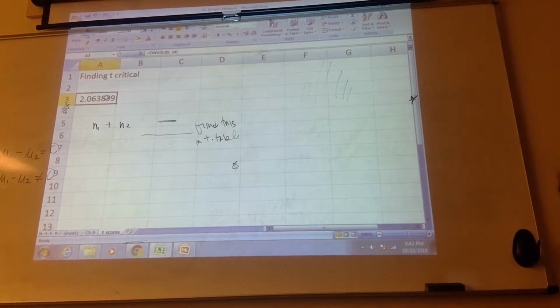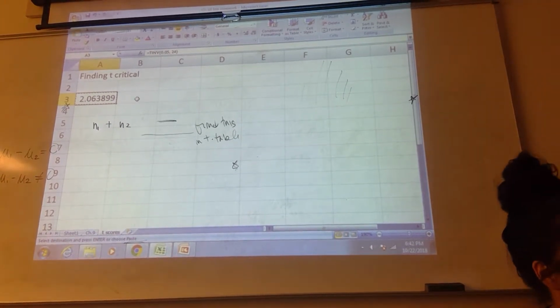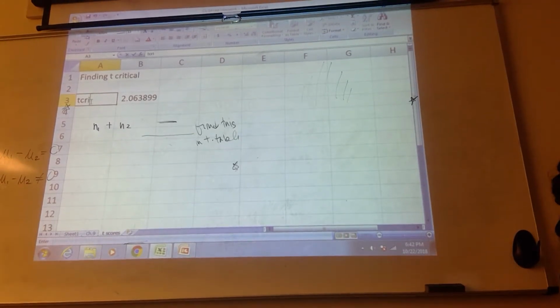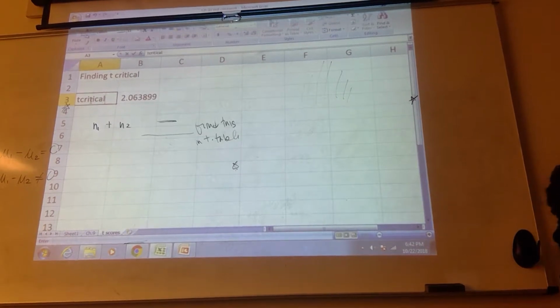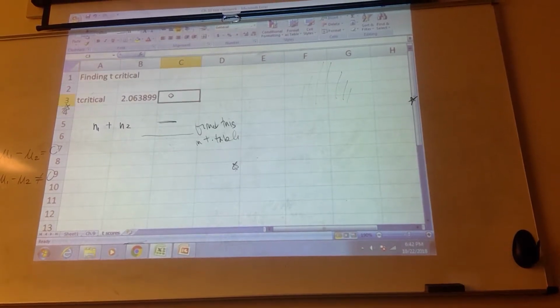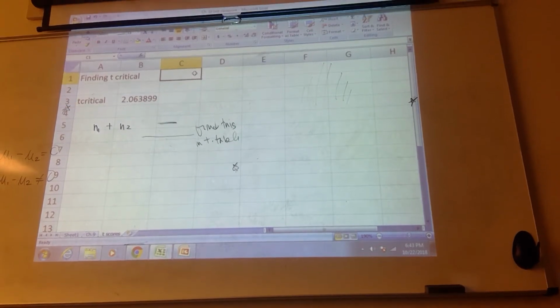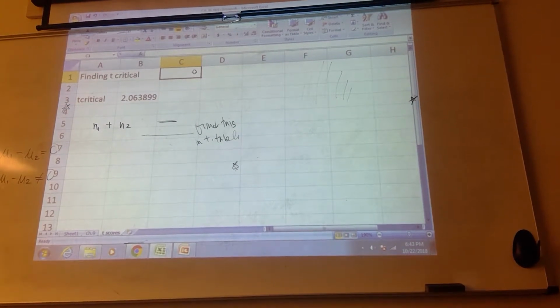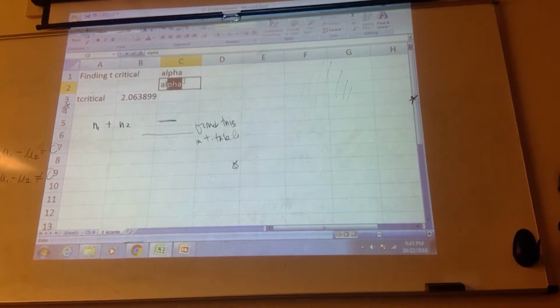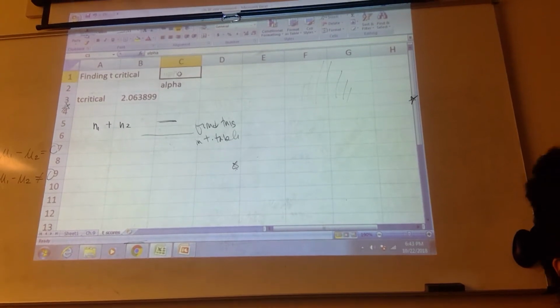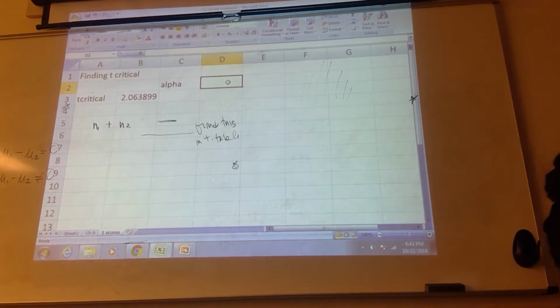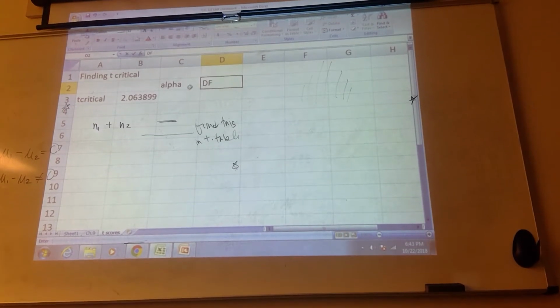I think so. All right, so 2.06. Let's do this here, actually. Let's do X and B, T critical. Let me put alpha and degrees of freedom, which is what else we need.